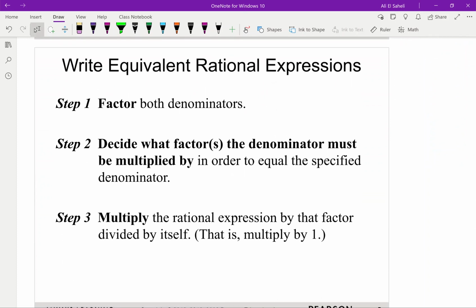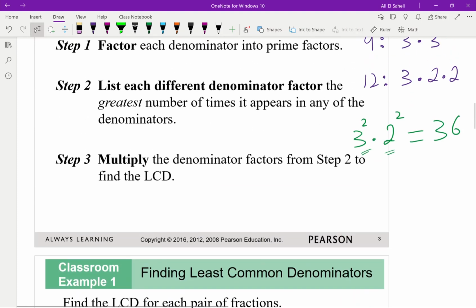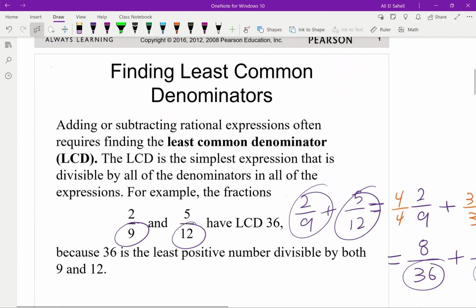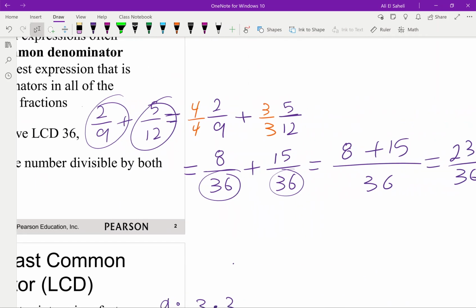Now, writing equivalent rational expressions. Factor both denominators. Decide what factors the denominator must be multiplied by in order to equal the specified denominator. Multiply the rational expression by that factor divided by itself, that is, multiply by 1. So this is what I did here the first time we talked about least common denominators and how we can use them to add rational expressions.